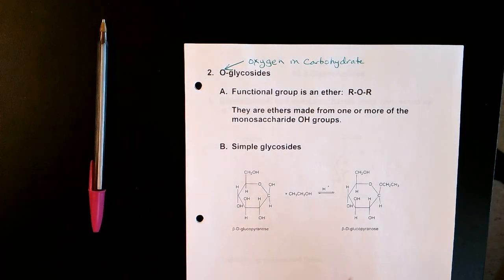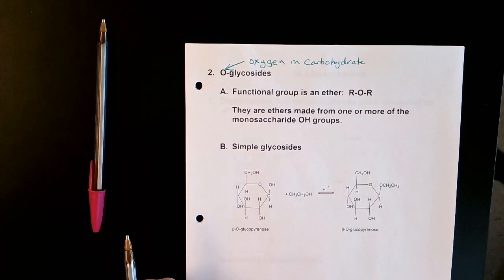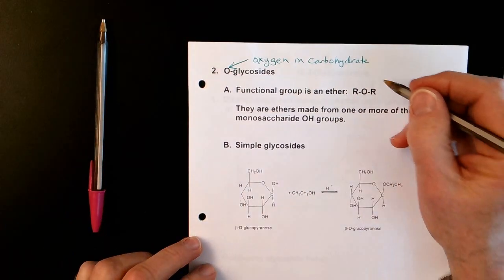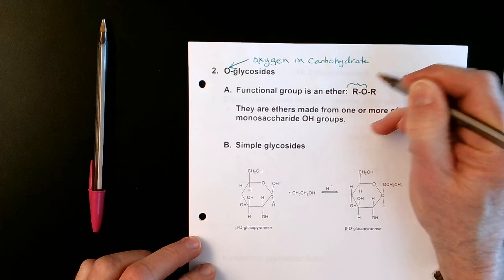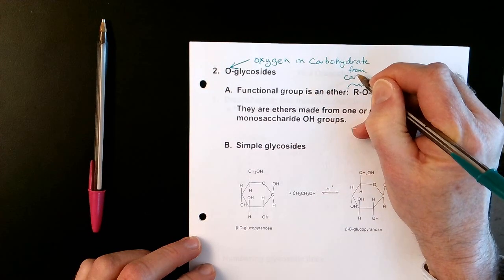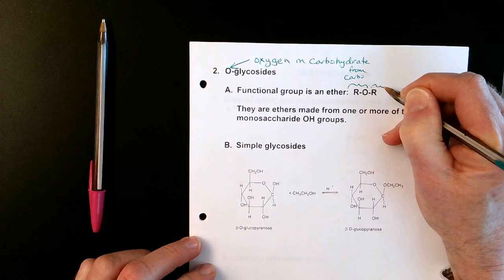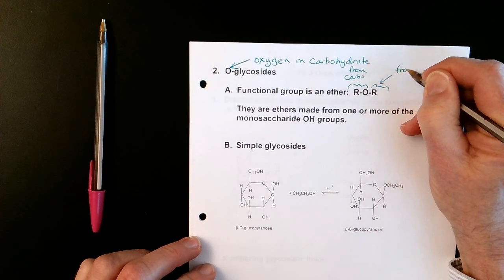So your functional group, which is an ether, I hope you remember, 2 organic groups bridged by an oxygen in the middle. And so we'll say that this much right here is from your carbohydrate, and this much right here is from something else.